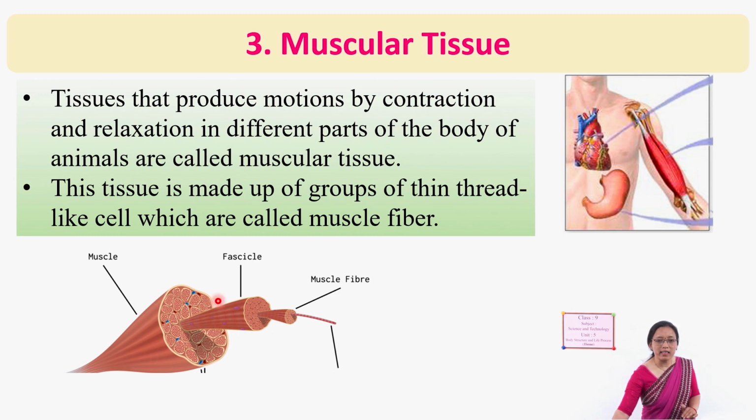In this there are groups of small muscle fibers called fascicles, and the single fiber, the single cell of this muscular tissue, is called a muscle fiber. It is a very thin, elongated cell. Based on the type of muscular tissue, its shape and structure may be different.